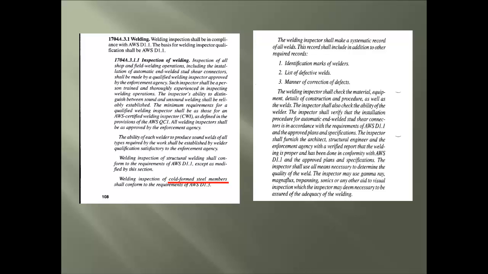Here we see that if welding of cold-formed steel, also known as light gauge steel, is performed, it must comply with AWS D1.3. Also, another duty of the welding inspector is verifying the installation of automatic and welded stud shear connectors.